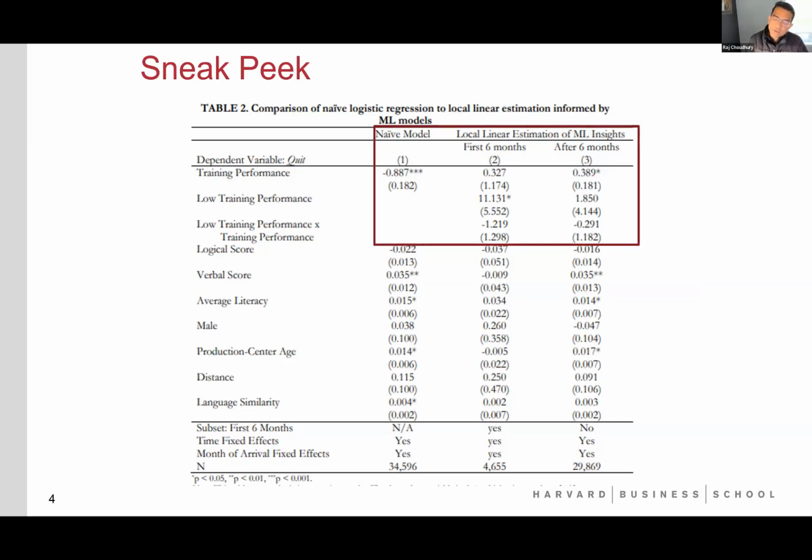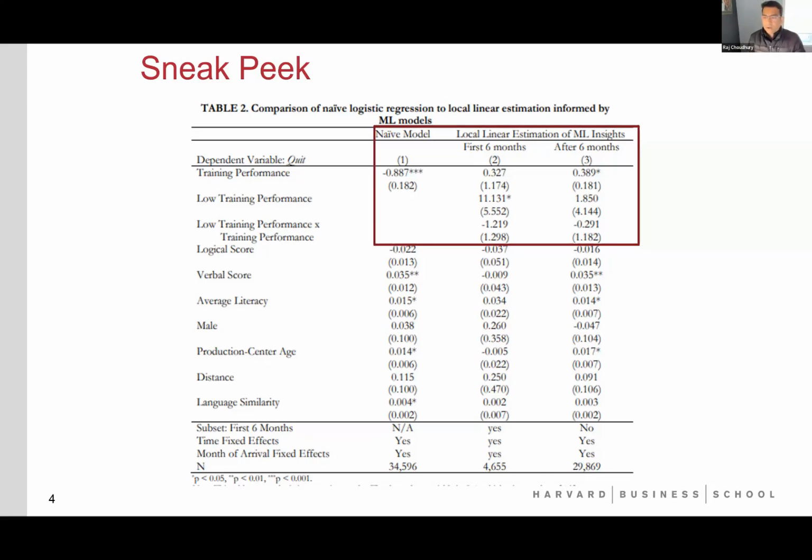If you just looked at turnover probability as a dependent variable, and ran a regression with lots of things that might predict turnover, one of them being the training performance, the score that workers received during a mandatory training program, then the naive model, and I'm calling it naive with a lot of humility because you can achieve what machine learning does with lots of iterations, at least predicts a negative correlation between training performance and the probability of turnover.